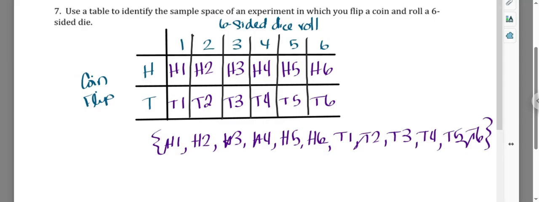All right, so that works if you only have 2 events and they're not dependent. Everything is independent of the other. So if we have dependent events to visualize the outcomes, we can use a tree diagram and then branch off after each event.